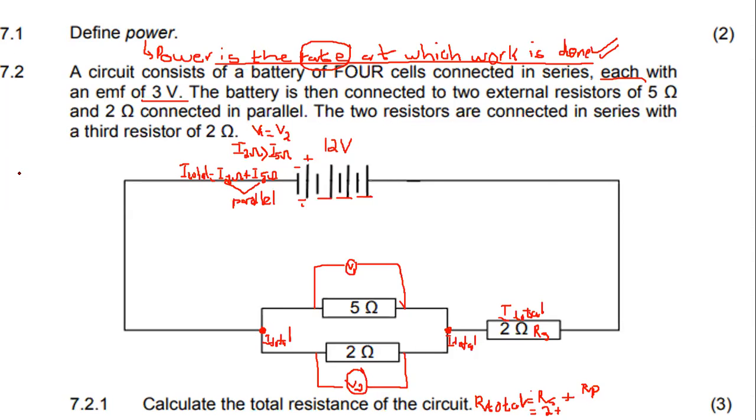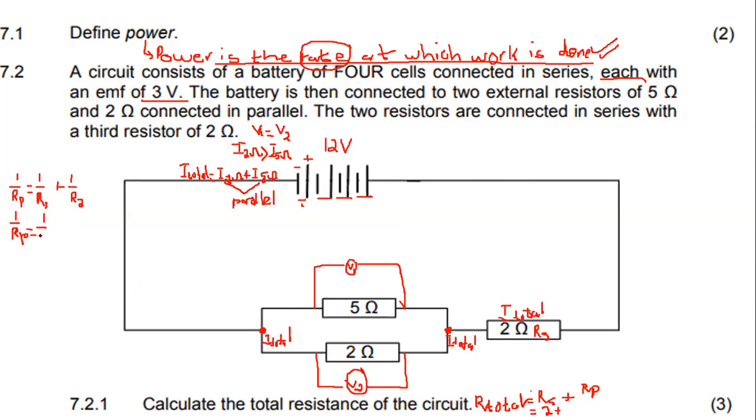So we will say 1 over Rp is equal to 1 over R1 plus 1 over R2. Then we say 1 over Rp is going to be equal to 1 over 2.